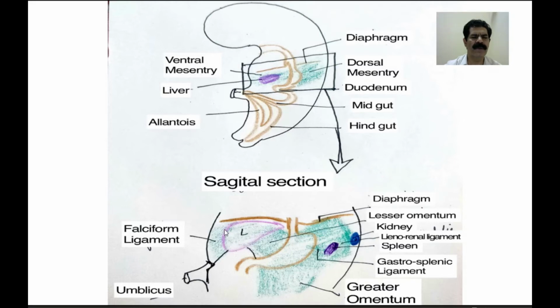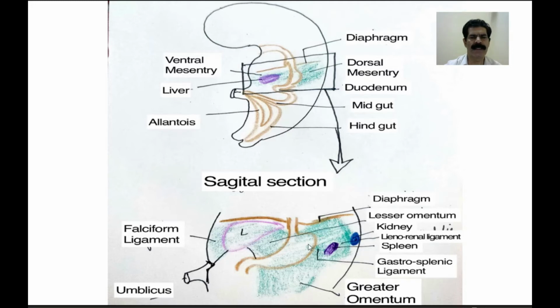And from the liver to the anterior abdominal wall, this ventral mesentery is called the falciform ligament. So this is what is happening to the ventral mesogastrium or the ventral mesentery.